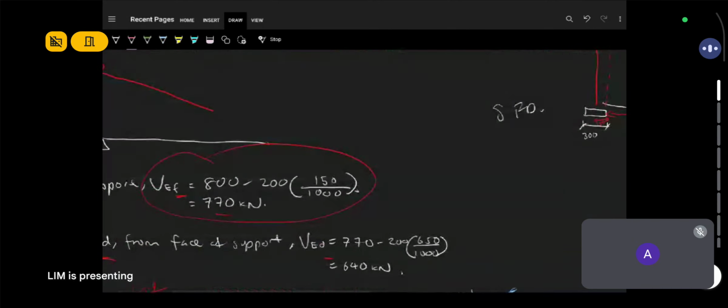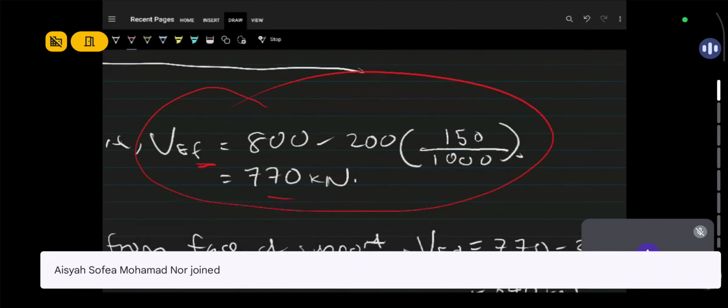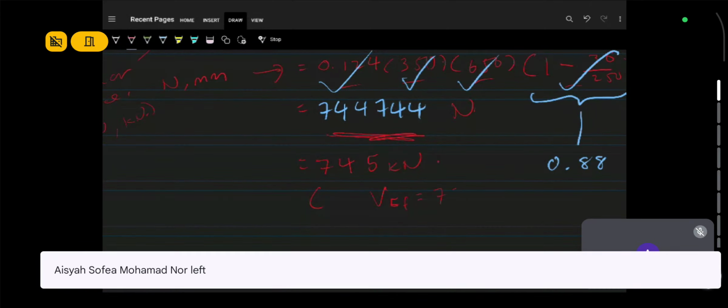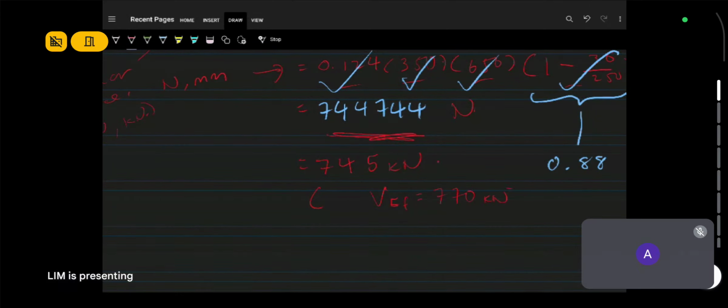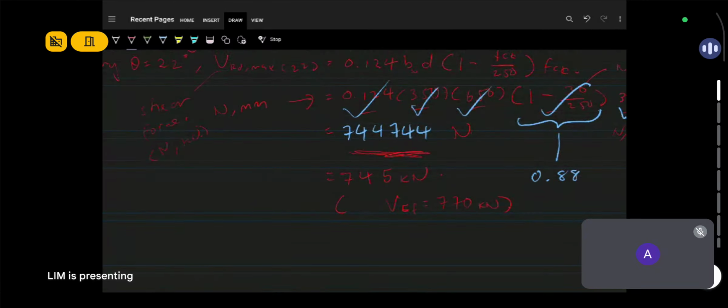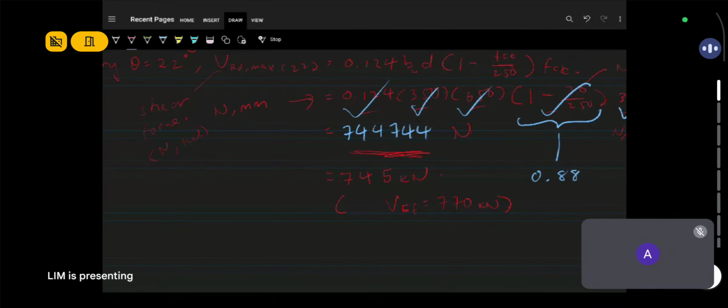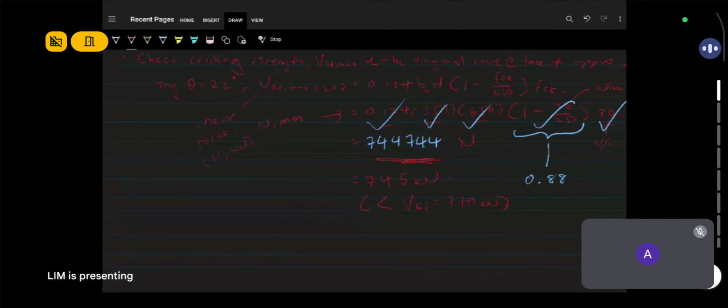We calculated VF here. VF is 770. Our capacity is 745, so obviously it's less. So it doesn't work.